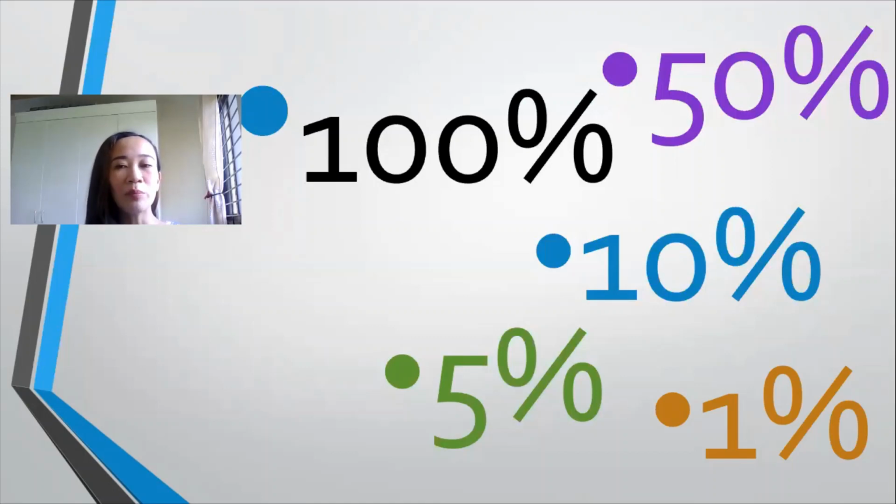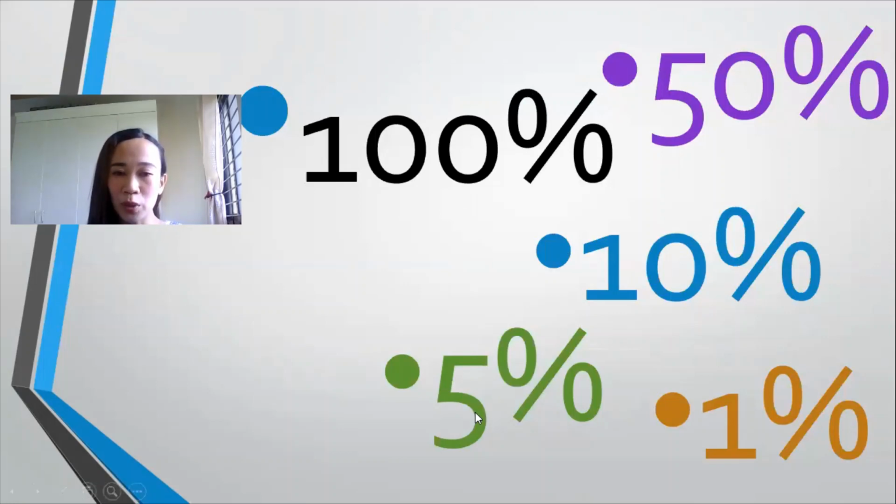How about the 10% of 90? Then all we have to do is to divide 90 by 10, and that will be 9. Or all we have to do is to take away one zero. For example, it's 90, less one 0, then it will be 9.